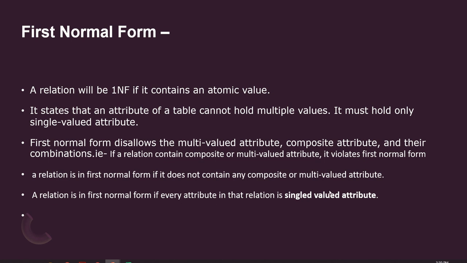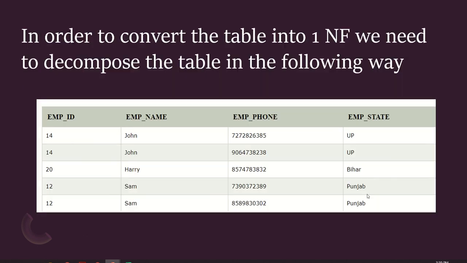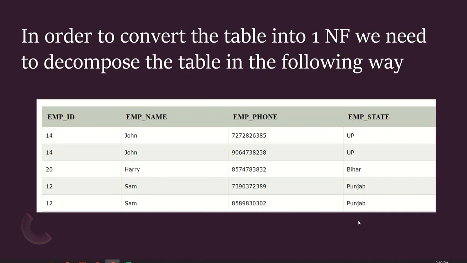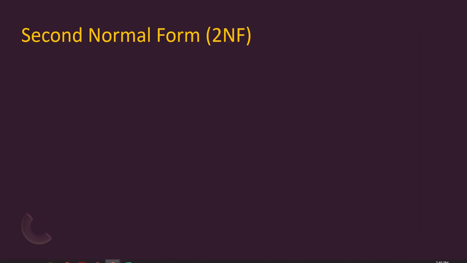This is the main point about first normal form: a relation is in first normal form if every attribute in the relation is a single valued attribute. Here, if you check each and every attribute value, they are single valued, that is, only one value is there for each and every column. So that is the idea of 1NF, first normal form.